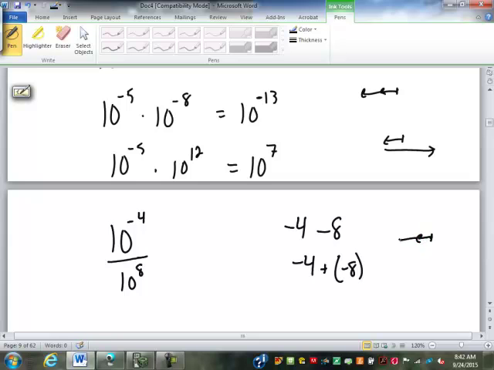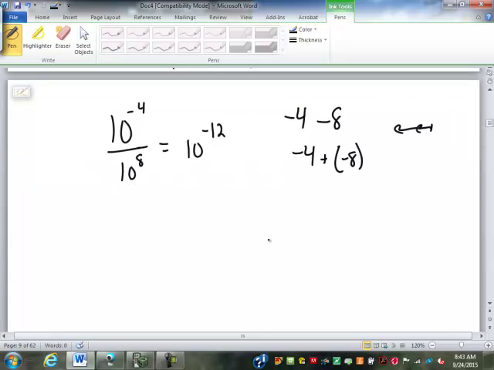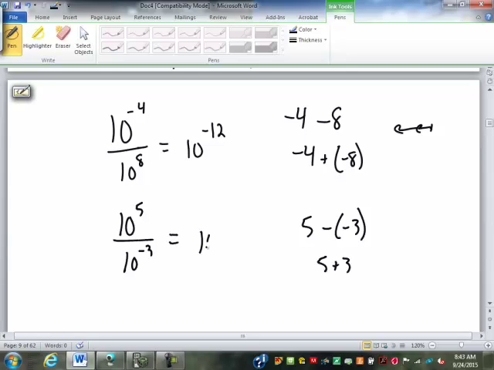So negative 4, negative 8 makes 10 to the negative 12. Or 10 to the 5th divided by 10 to the negative 3rd. That's going to become 5 minus negative 3, which is 5 plus a positive 3, so it's 10 to the 8th. Very good.